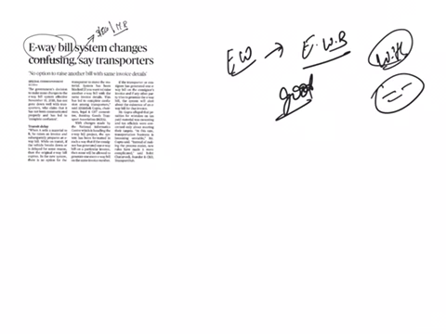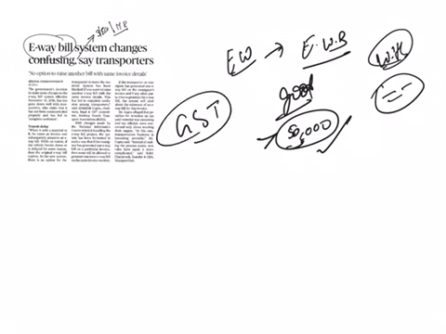And that goods should be valued more than 50,000 rupees. If a particular vehicle is transporting goods that are of worth more than 50,000 rupees, then this e-way bill has to be generated. This is required under the current GST, Goods and Services Tax regime.